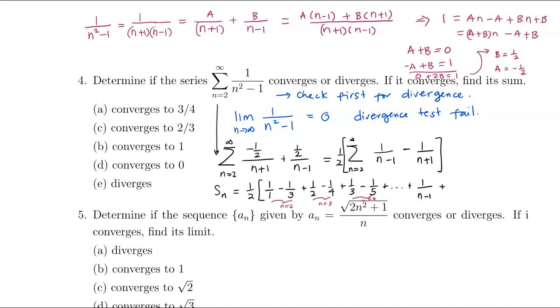So we will have n, so if n is n minus 1, this will be n minus 2. That would be 1 over n minus 2 minus 1 over n. This is the case when n is equal to n minus 1.